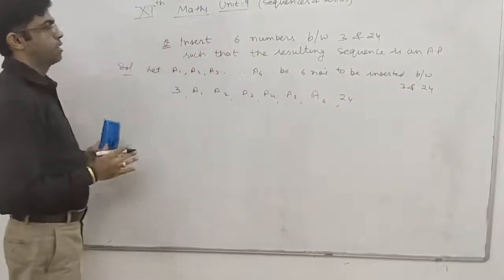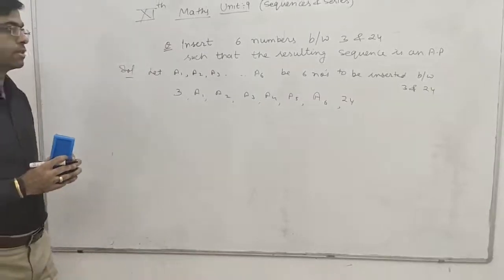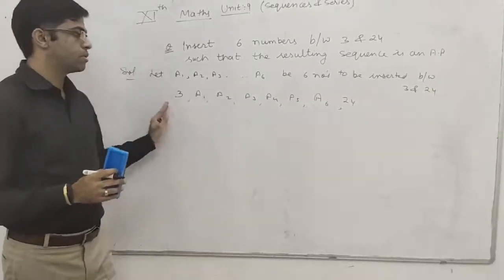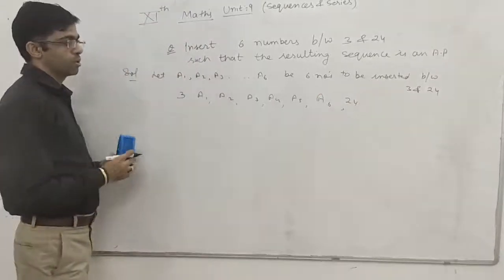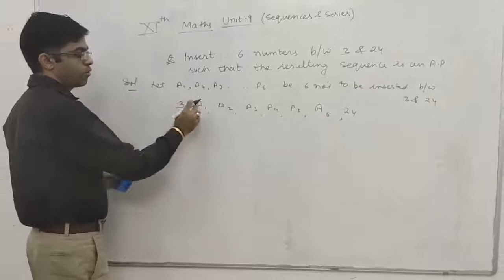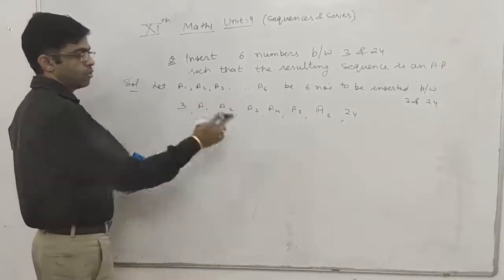We have to find these 6 numbers so that the sequence follows an AP का sequence को follow करना है, and we have to find the values of these a1 to a6.